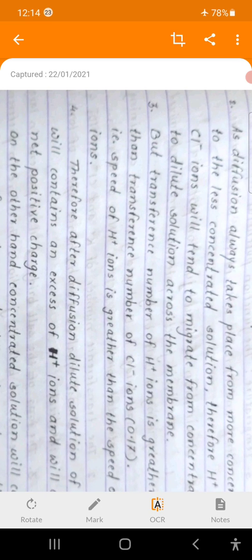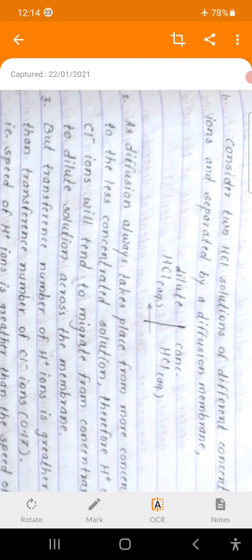When H plus and Cl minus ions start to move towards dilute solutions, at that time the transference number of H plus and Cl minus ions, that is T plus and T minus, depends on the size of that ion and the charge density of that ion.